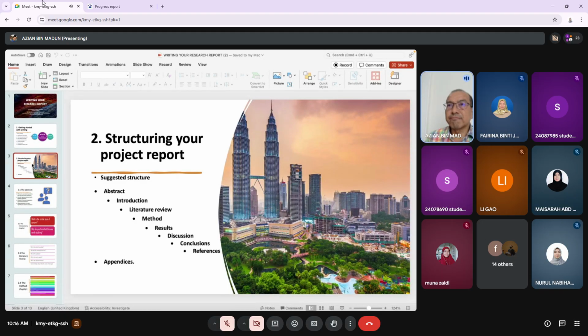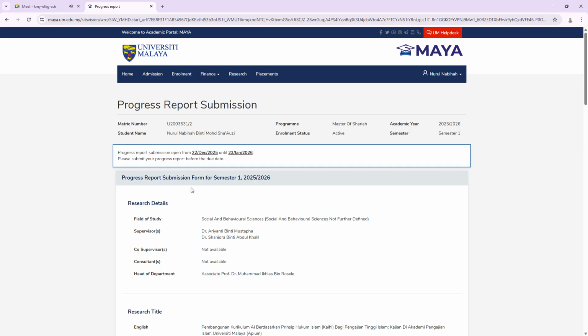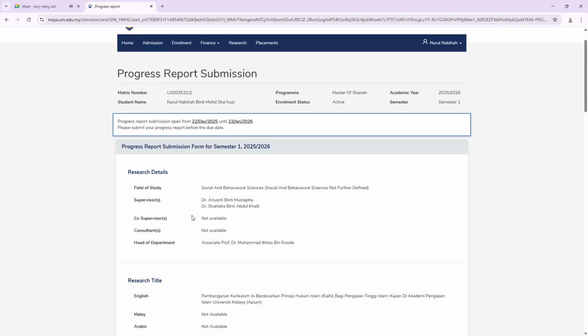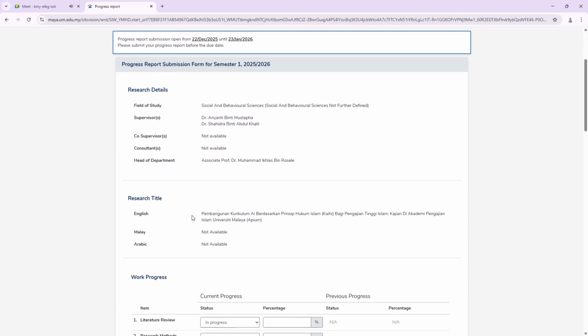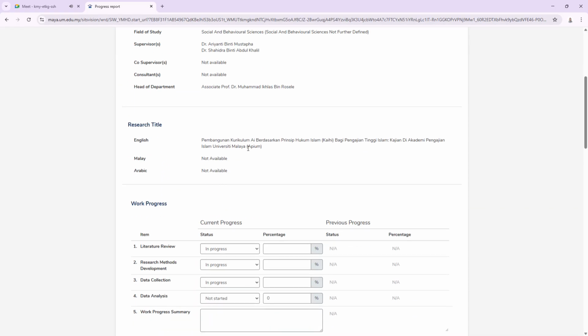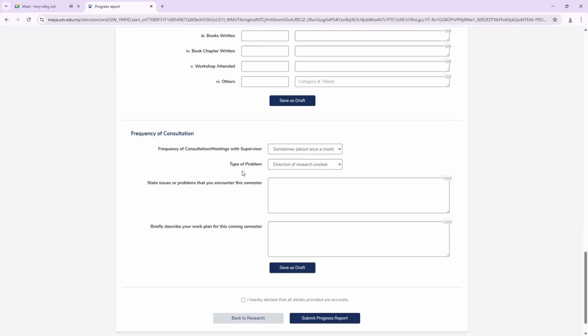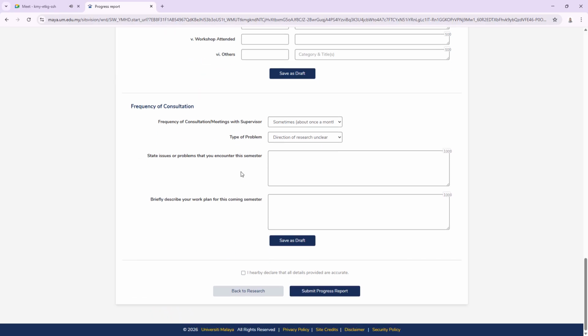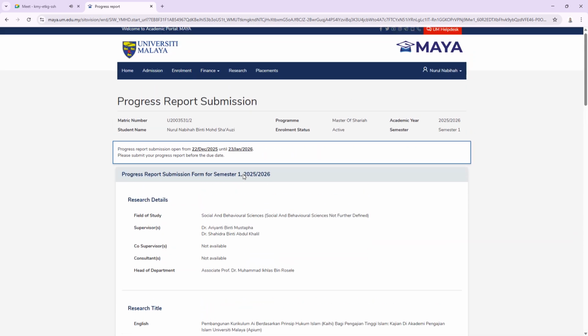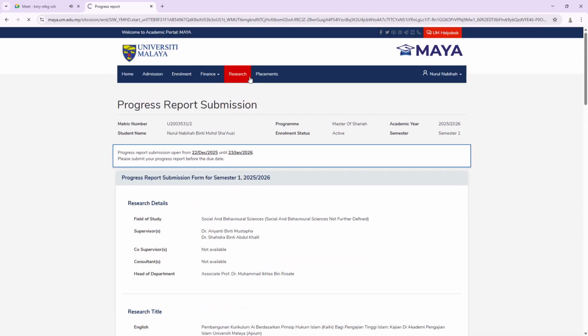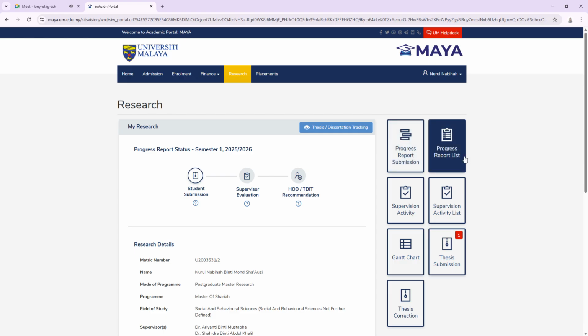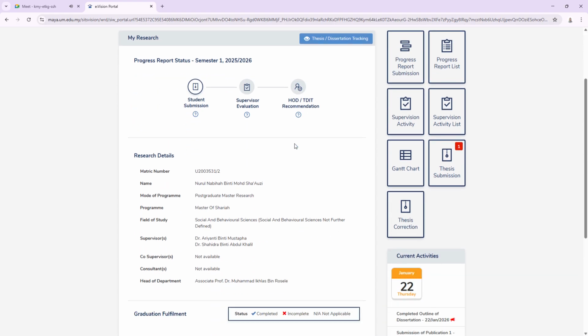However, there are some fields, some disciplines, that do not follow this structure, the one that I showed you just now. For example, I'm not so sure if this applies to all areas or only to a particular study.